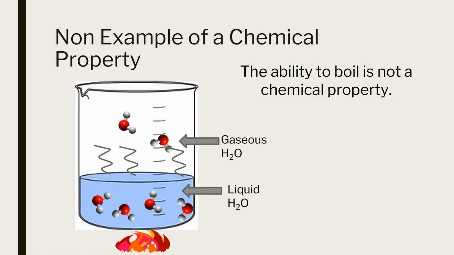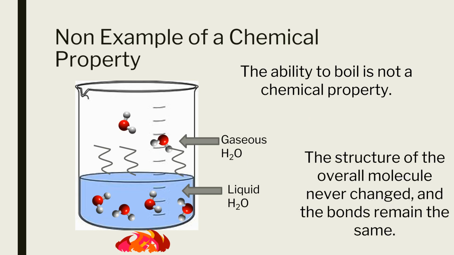So it really doesn't matter whether it's in a liquid state or a gaseous state, it's still the same chemical formula. So when something is boiling, it is not undergoing a chemical change, it's undergoing a physical change. If the overall molecule does not change, and all the bonds stay the same, then the boiling point is not a chemical property. That would be a physical property.